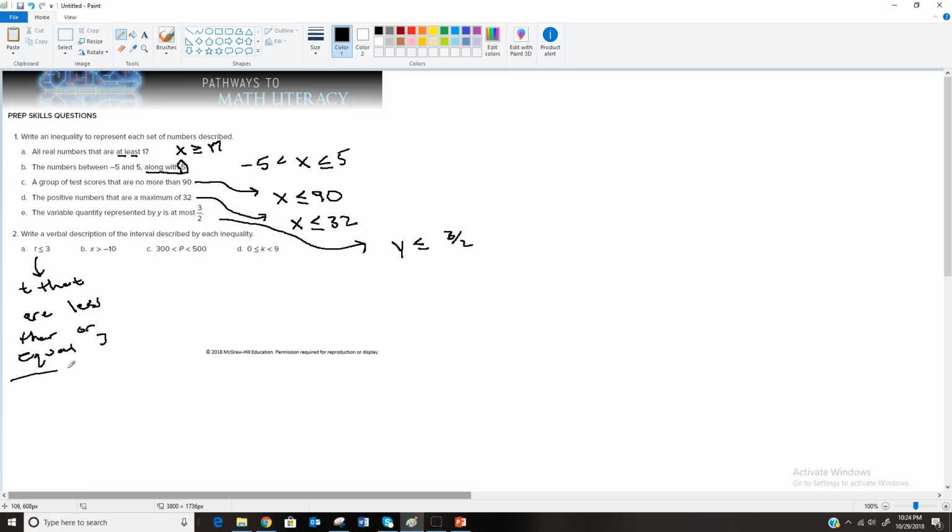So, or we could say the set of numbers that are no more than 3. There's different ways to say these.